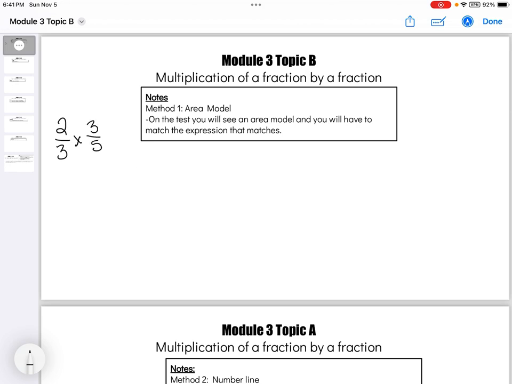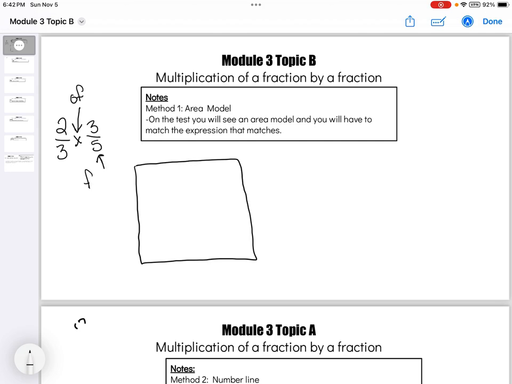So here students would create a square. And we know that the multiplication symbol also means the word "of." So I'm taking 2/3 of 3/5. And since I'm taking it from the 3/5, I'm going to actually draw the 3/5 first.